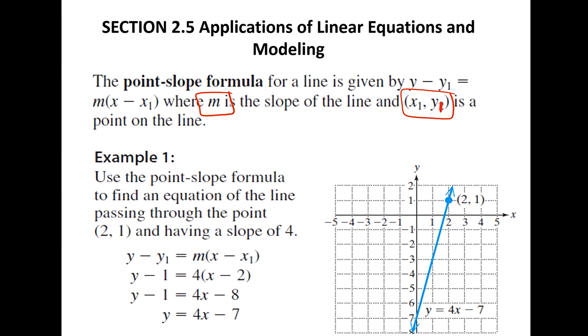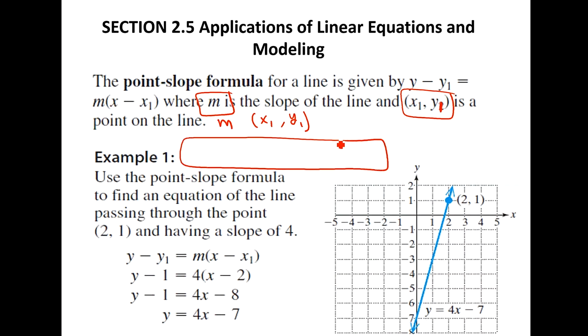If we have the point x1 and y1 and the slope m, we can write the equation of the line as y minus y1 equal m times x minus x1. So substitute m, x1 and y1 in this formula to find the point slope formula.